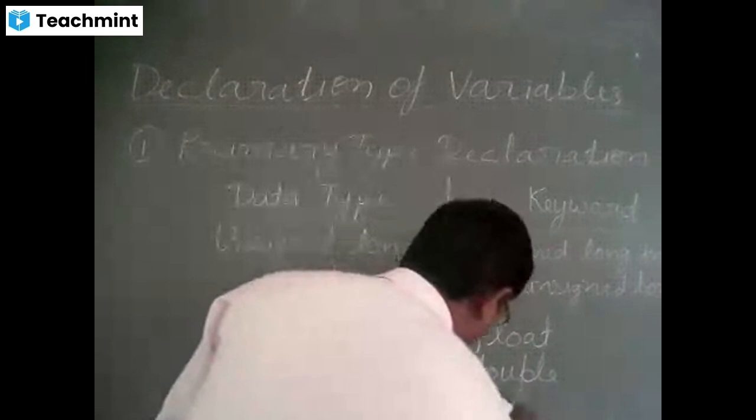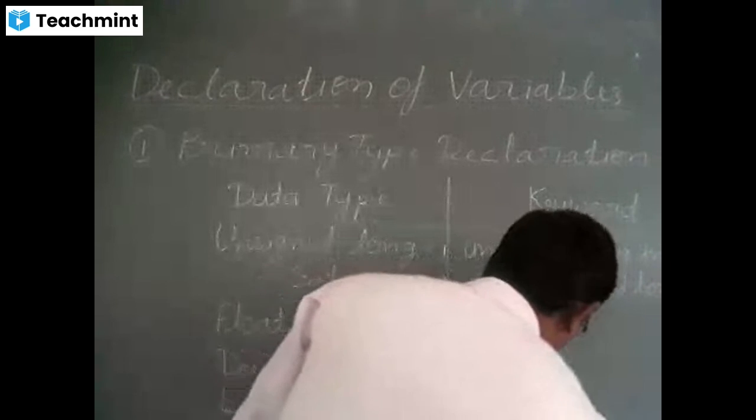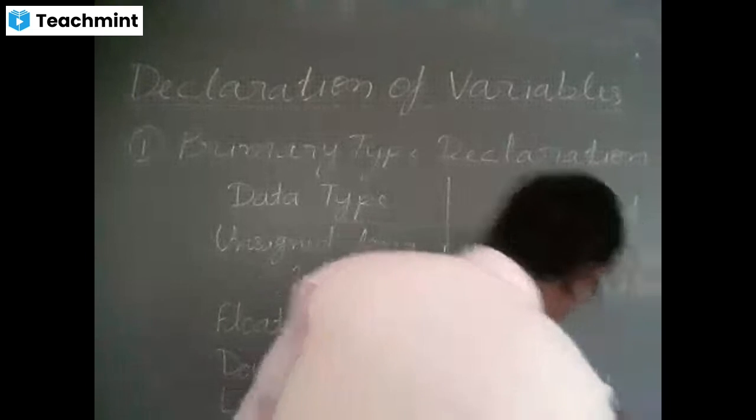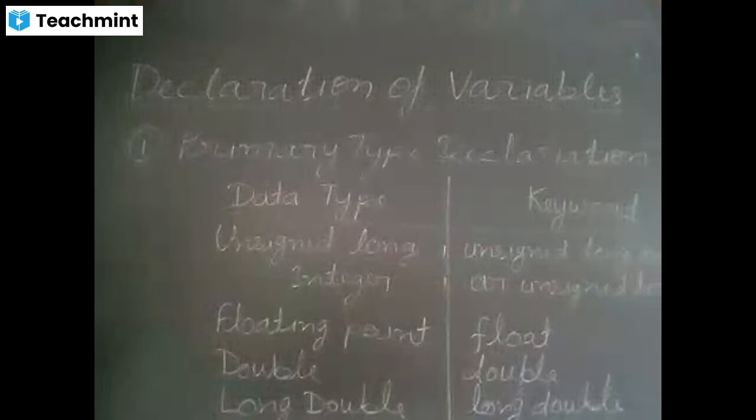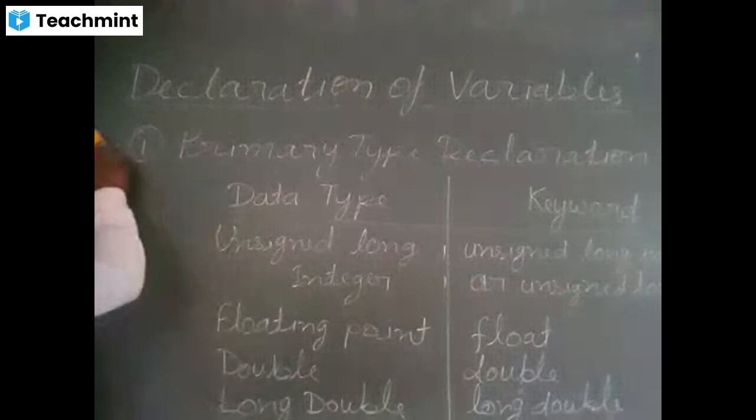So these keywords are used for the primary types of data to declare within a C program.